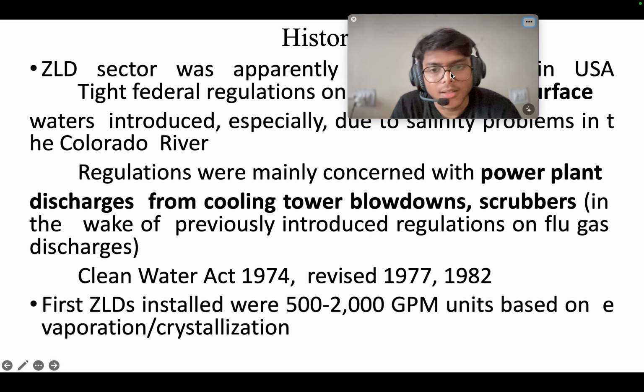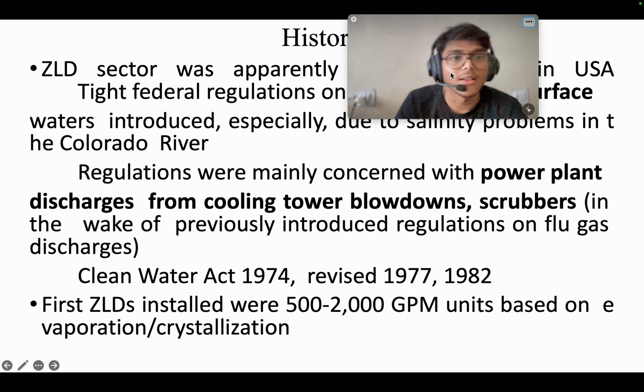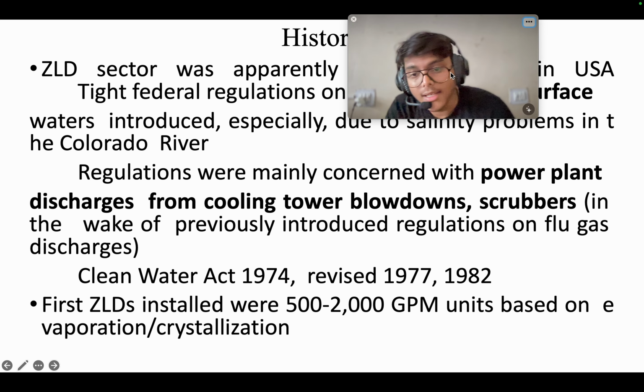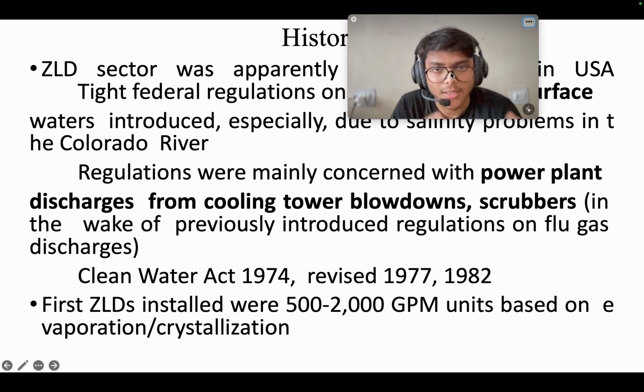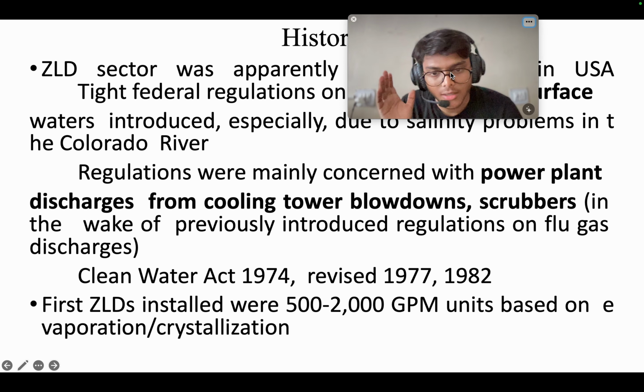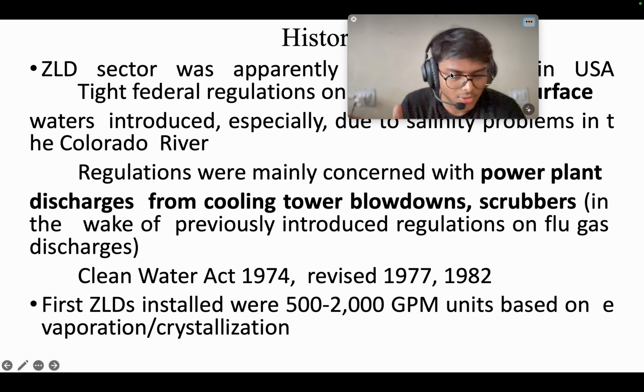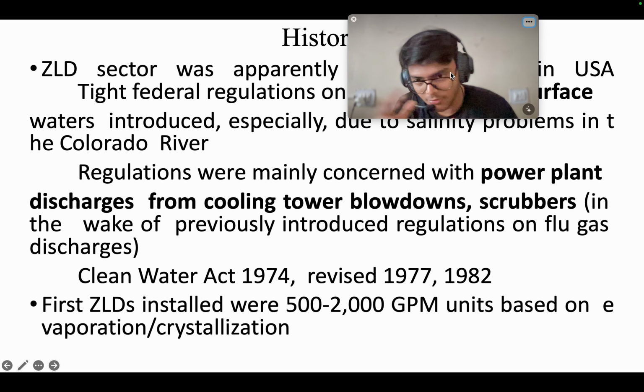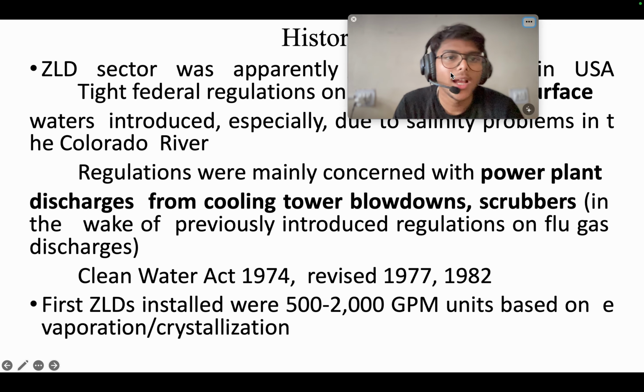Now, the Clean Water Act 1974 was revised again in 1977 and then in 1982, the first ZLD system, that is zero liquid discharge system, was installed, with 500 to 2000 GPM units based on evaporation and crystallization.